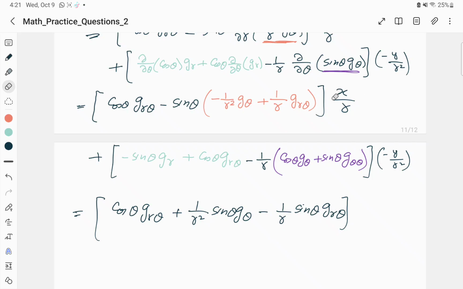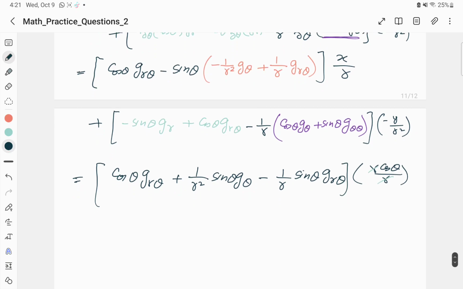And here outside we have x over r, so x is basically r cos theta divided by r, and we can notice that this r is cancelled with the r, so ultimately we are only left with cos theta, plus in the second bracket here we have negative sine theta g_r plus cos theta g_theta.